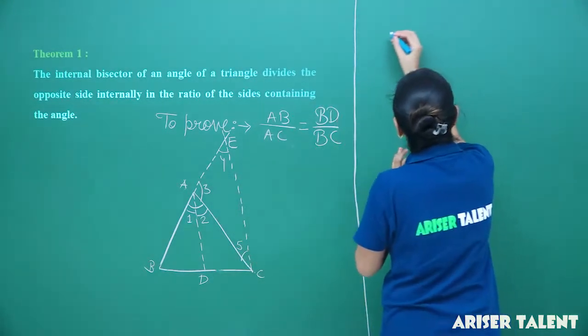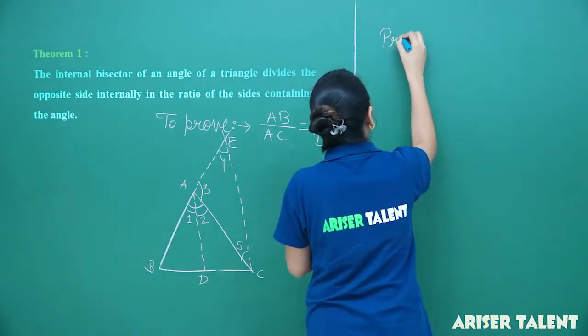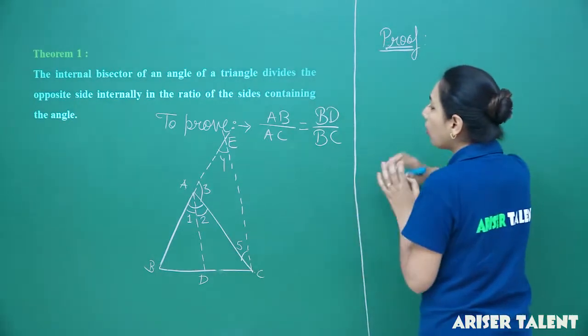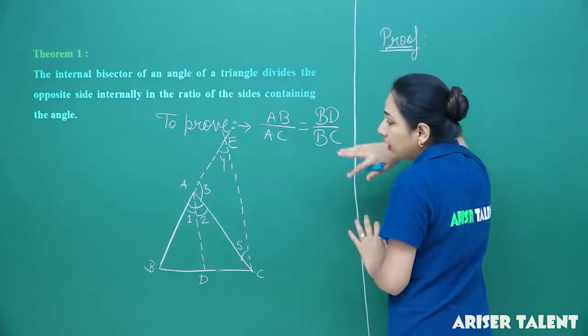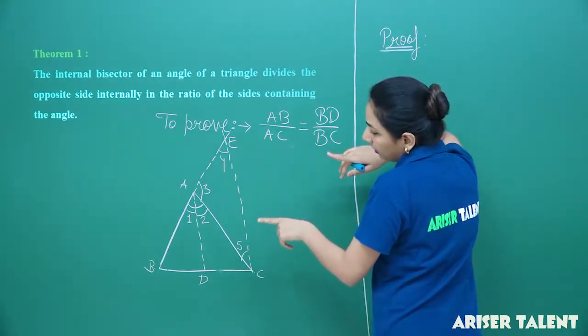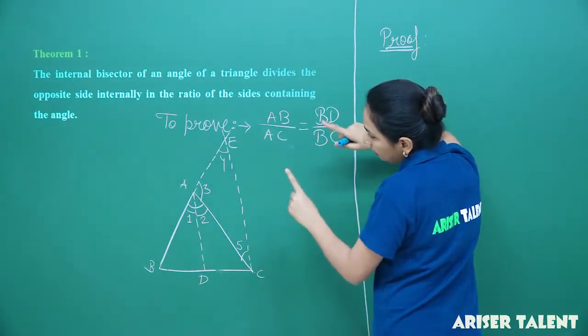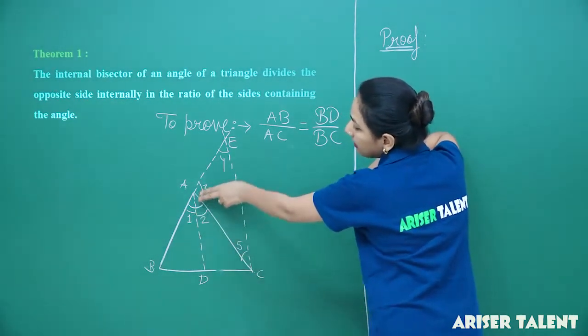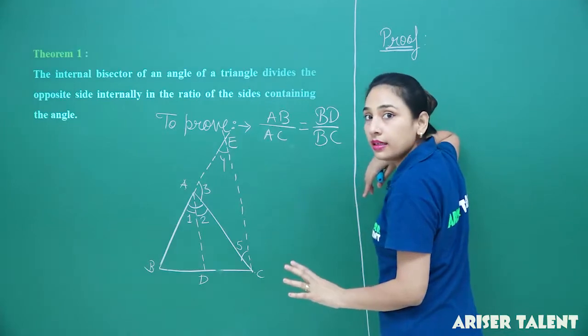Come here on this part, proof. You will extend AB such that the line EC is parallel to DA, and the extension of AB is meeting at E.